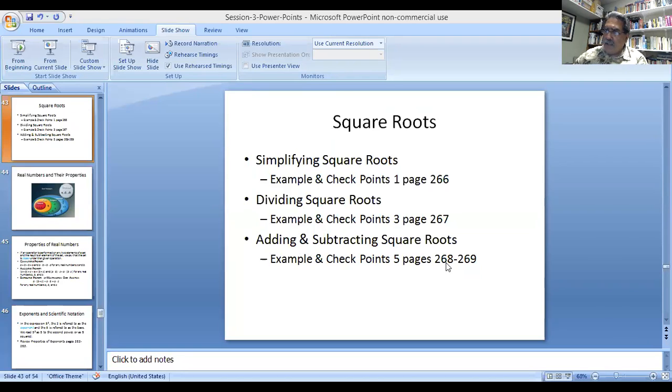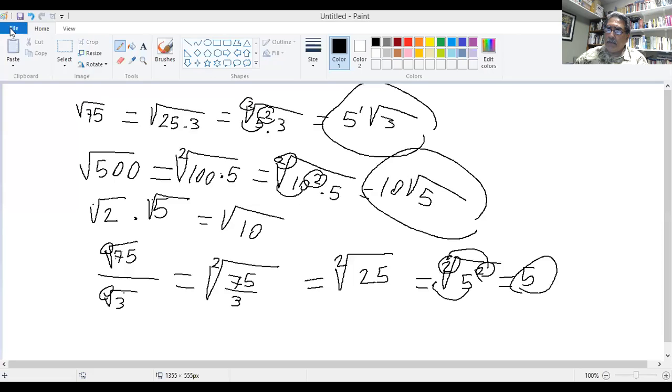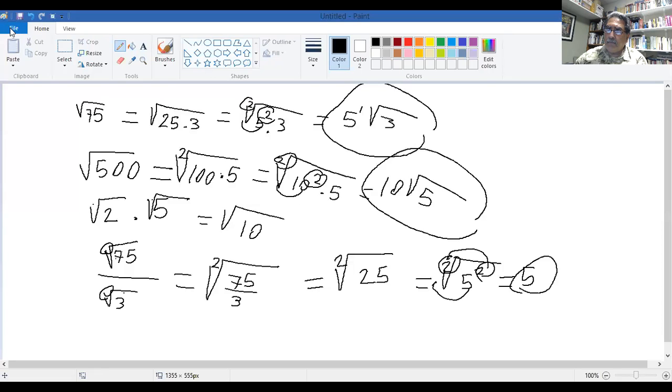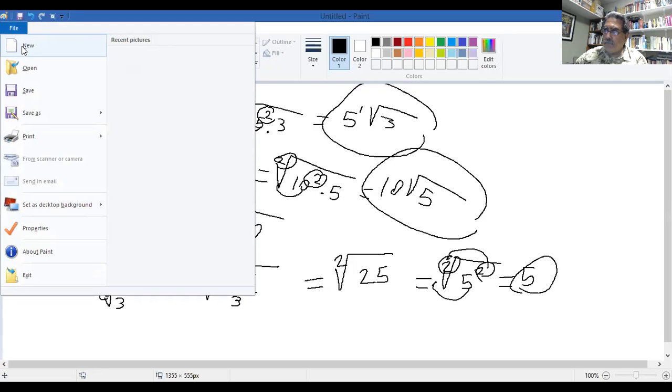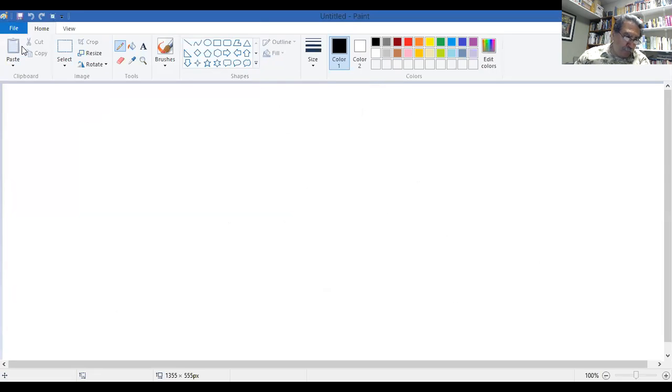Let's do 268, example 5 and example 6. Let's go back again. So then we need to go back to our pad. Well, let me get a new one. For example, example 4 on page 268, adding and subtracting square roots.